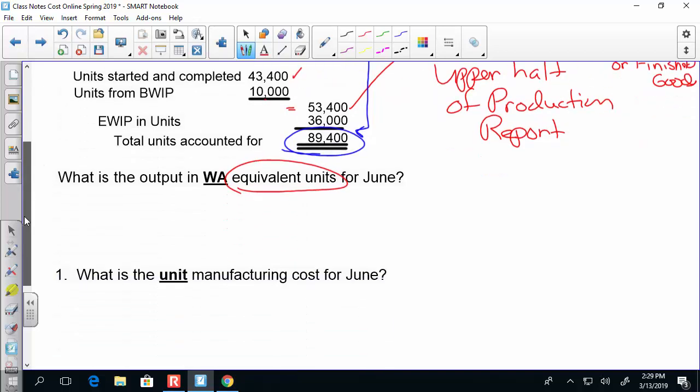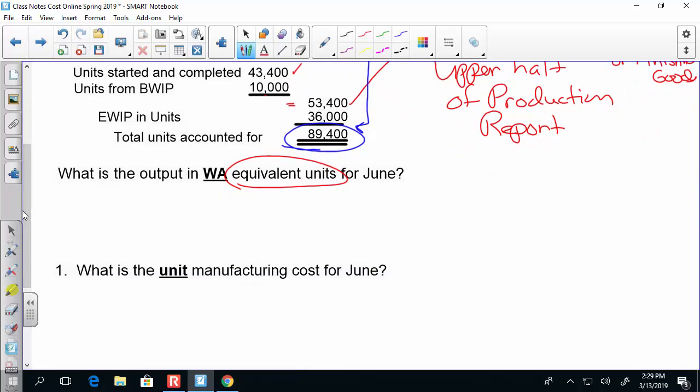Now with the weighted average method, for the equivalent units, we always will have a subtotal called completed and ending WIP. The percent complete for completed units is always 100%.